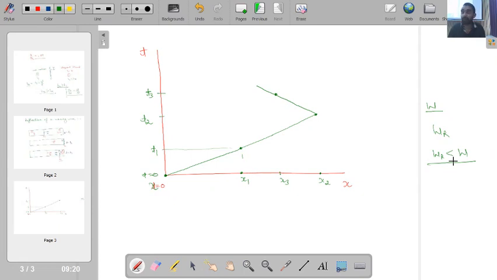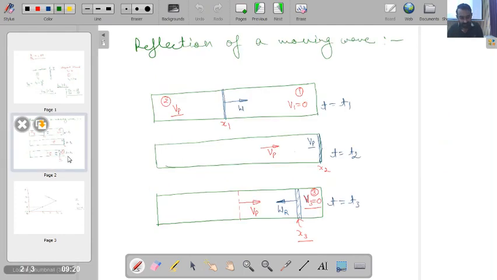Now say if I want to draw the path of a fluid medium. Let's consider that I had some fluid element at this location x1. So this circle is nothing but a fluid element which I am having at point x1.